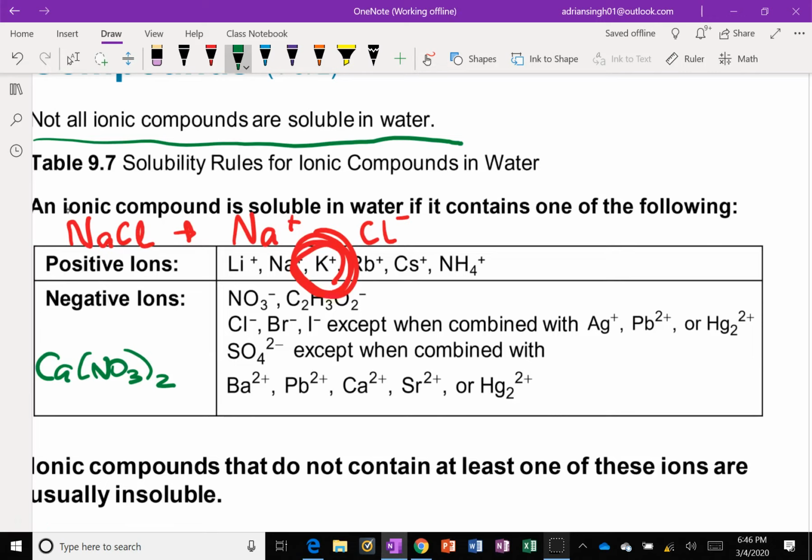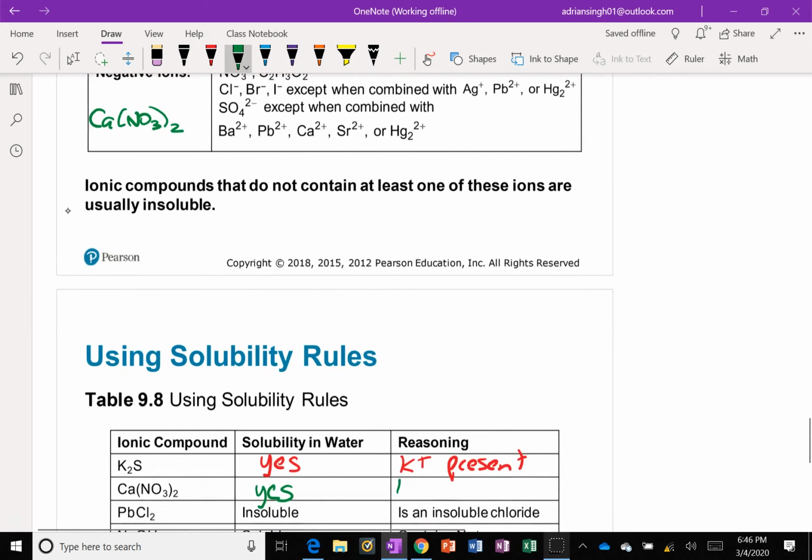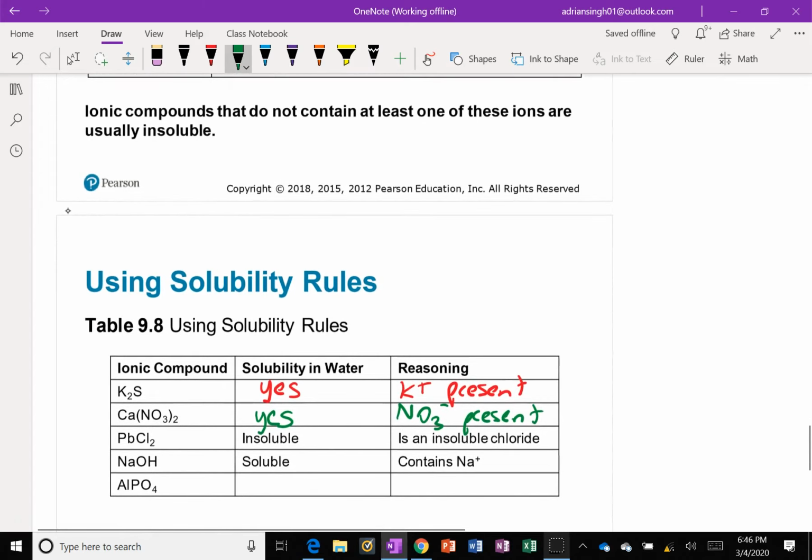The nitrate. Anything with nitrate in it is soluble, no exceptions. So the NO3 there tells us that calcium nitrate is going to be soluble in H2O. Actually, anything with nitrate is always soluble.